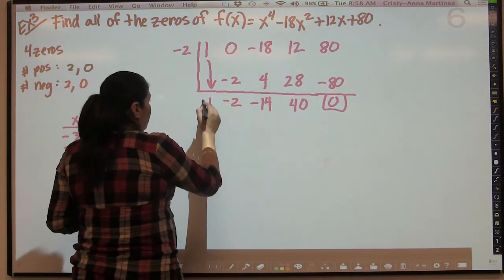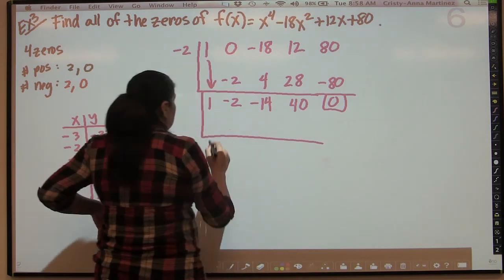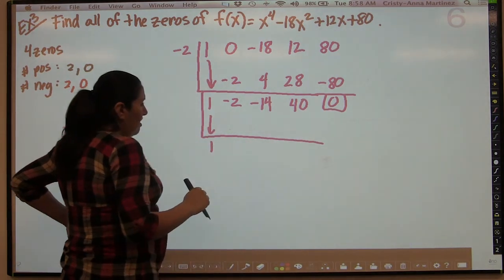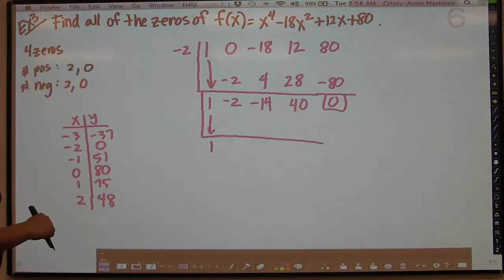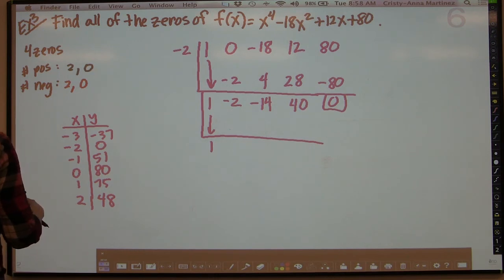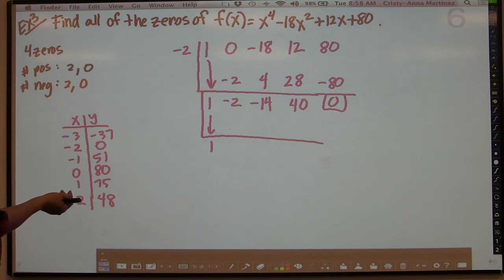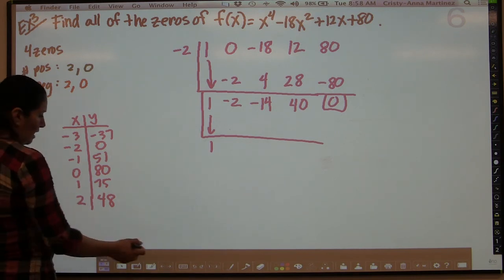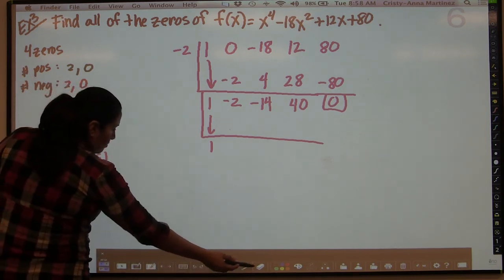Okay, so now this is a cubic. So now I have x cubed minus 2x squared minus 14x plus 40, and I can continue to try to find another 0, perhaps in my table here, because I need to keep finding some more.